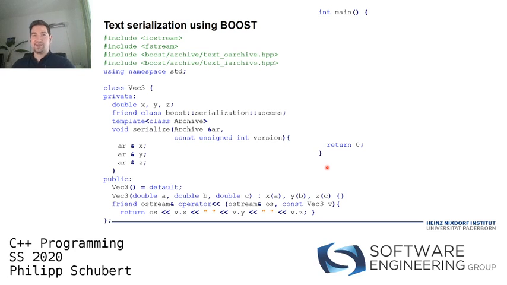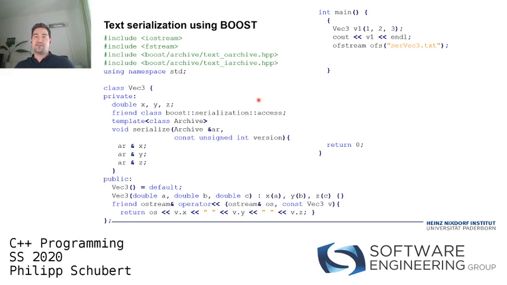Now you can serialize and deserialize your vector. How does it work? Let's have an example of how to use it. Let's create a vector v1 using the values 1, 2, and 3. Writing it to the command line, just to be sure.